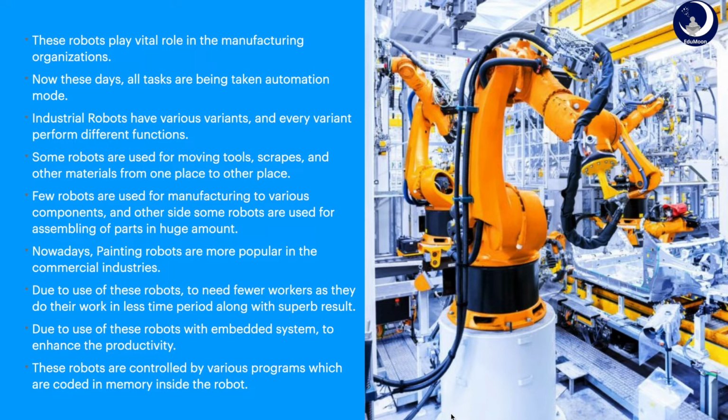There are many robots, each robot has multiple variants, and each variant again performs different kinds of functions. So this is one good example of an embedded system. You can just go through these points, and even in elaborating your answer for different examples of an embedded system, these points would be really helpful.